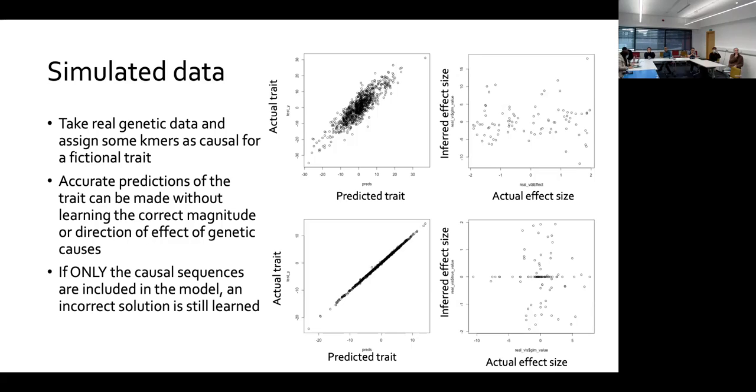So it learned to make really accurate predictions, but didn't learn anything about the actual biology of the trait or what was causing it. Meaning that even if you've got a really accurate looking algorithm, you shouldn't really try to learn anything about biology from what the algorithm has learned.